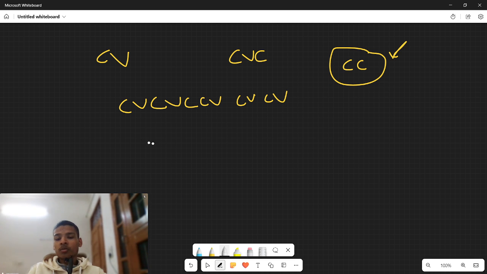For example, in this case, is there anywhere two C's are coming? Yes, here two C's are coming, so I will place a dot here in my first step. In the first step, I will simply find all the pairs where two C's come together. Let me make one more example, like CVC again, and CV, CV, C, CV. First of all, I will find all the places where two C's come together.